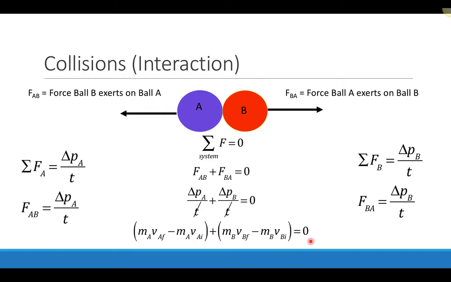In other words, the total momentum of the system is unchanged, right? So here's ball A, here's ball B, those are the final momentums, here are the initial momentums of the system, and if I add the change in momentum of A and the change in momentum of B, it gives me 0. So the total system does not change its momentum.